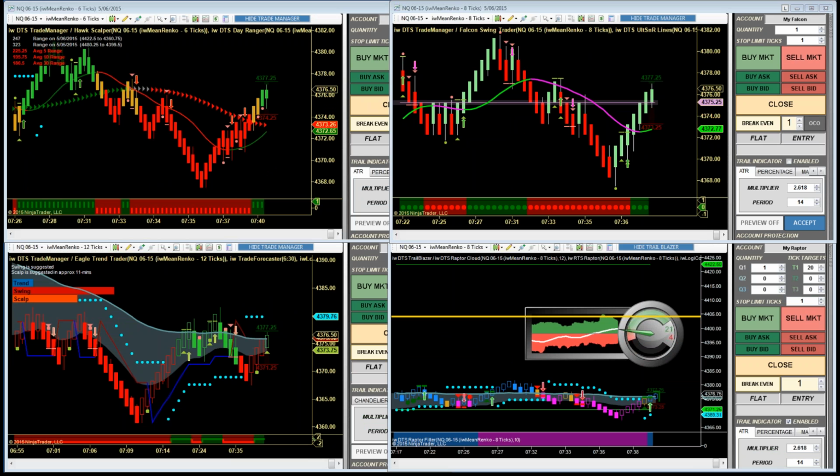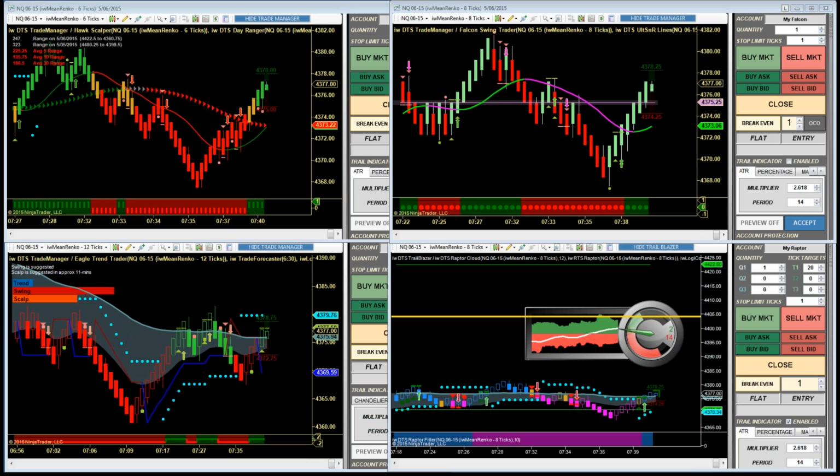And then you got your Falcon, which looks for midterm moves. Again, it depends on the market condition. This goes back to the whole premise of why these tools were developed. If the environment that crude is in for that day is a scalping environment, well, then you're only going to get scalping signals.